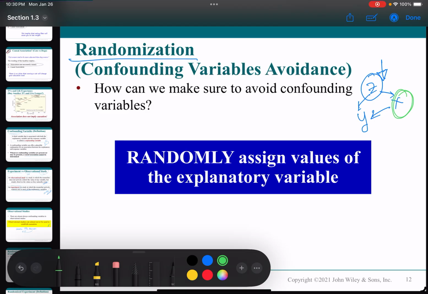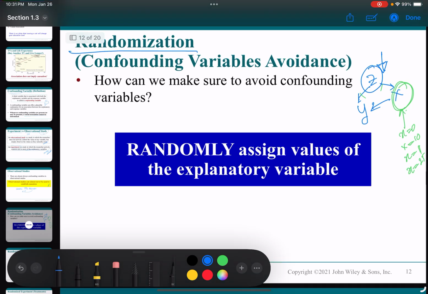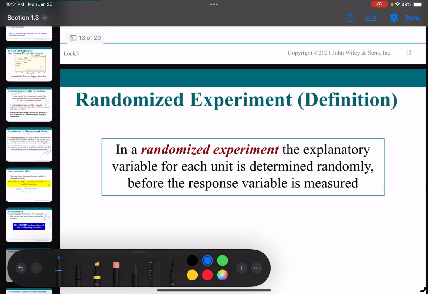So what we do is simply randomly assign different x values, for example x equals 0, x equals 10, x equals 11, x equals, let's say, 285, something like that. We randomly assign x values and get the corresponding y values, so that we can reduce the effect from this third variable. That's one technique we use. So we use that randomization technique in our experiments.